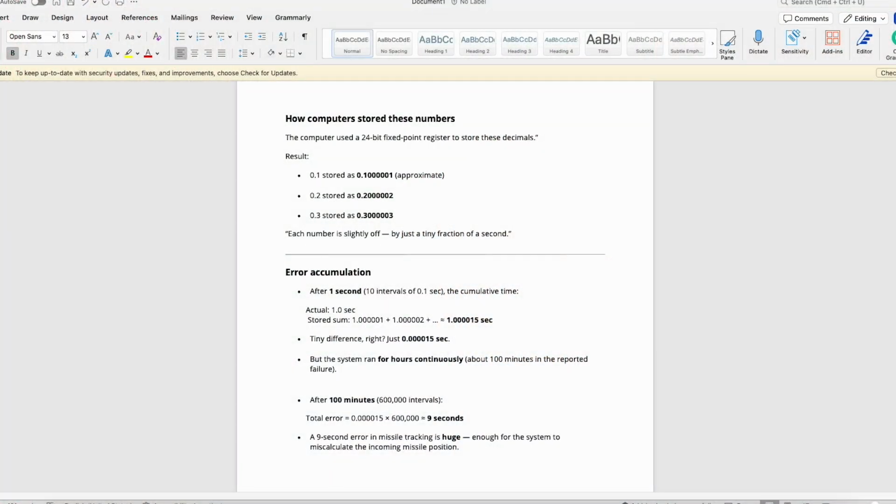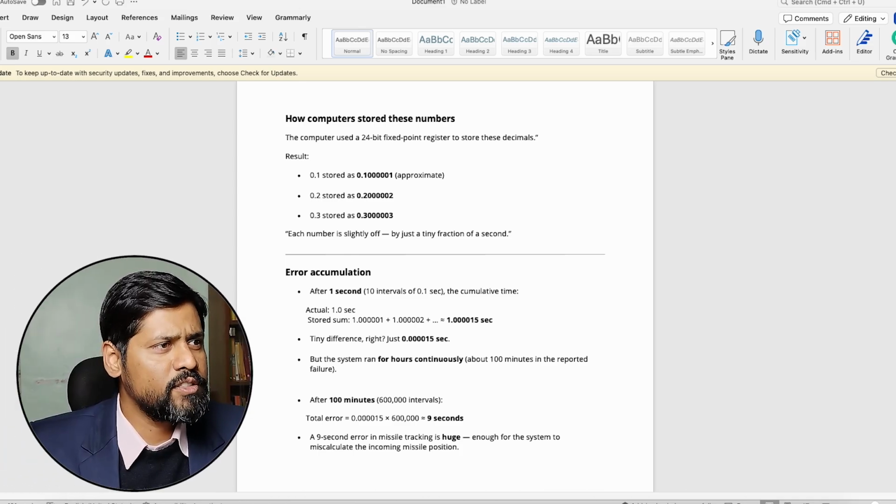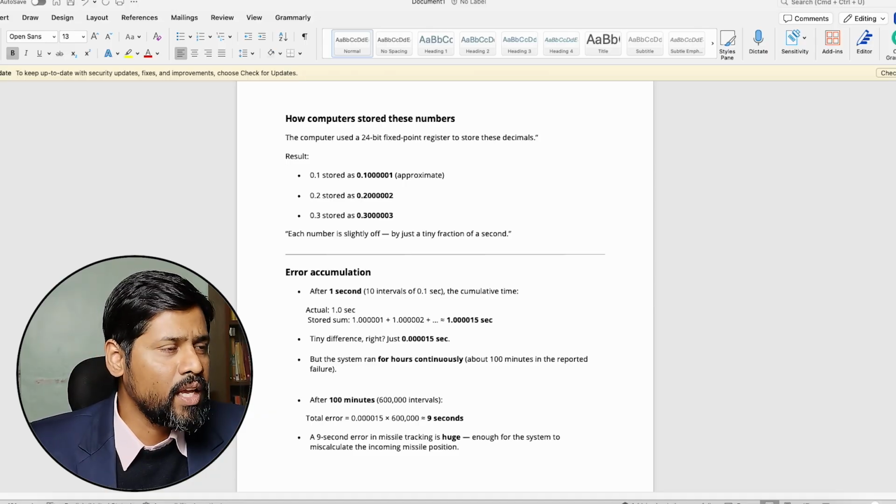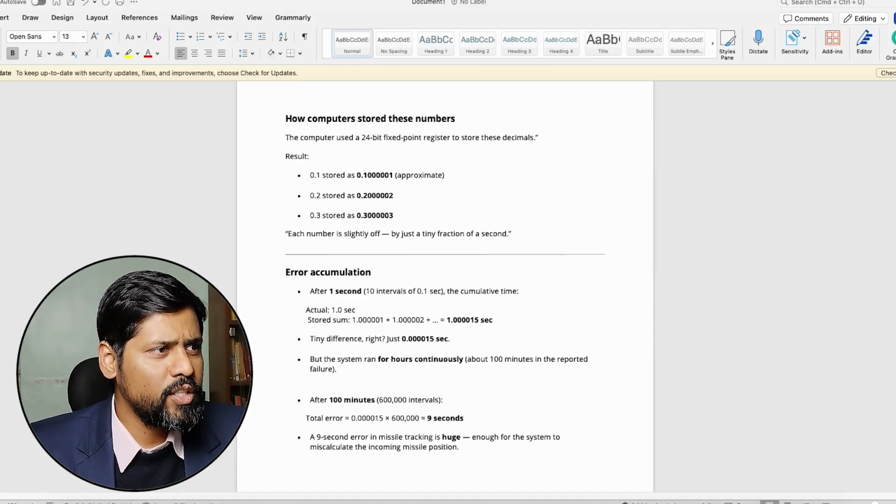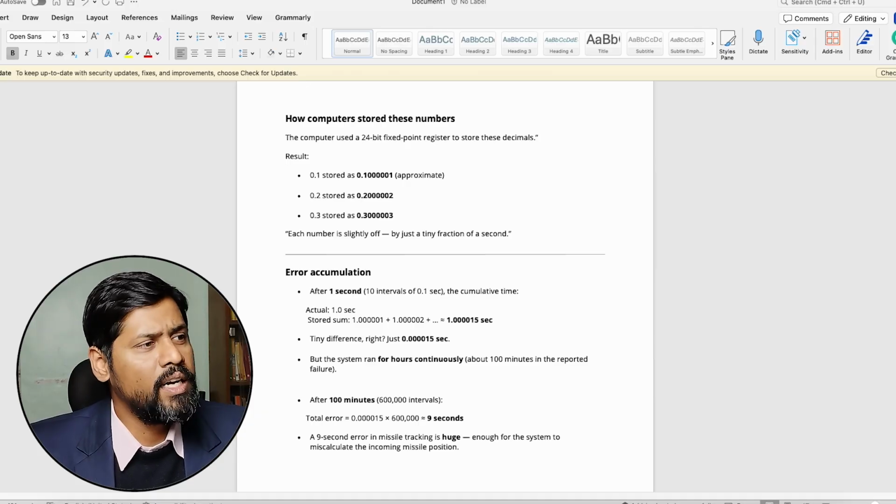These data numbers were stored as a 24-bit fixed point register to store these decimals. So what happened? 0.1 was stored as 0.100001 approximately. Similarly, 0.2 was stored as 0.20000002.